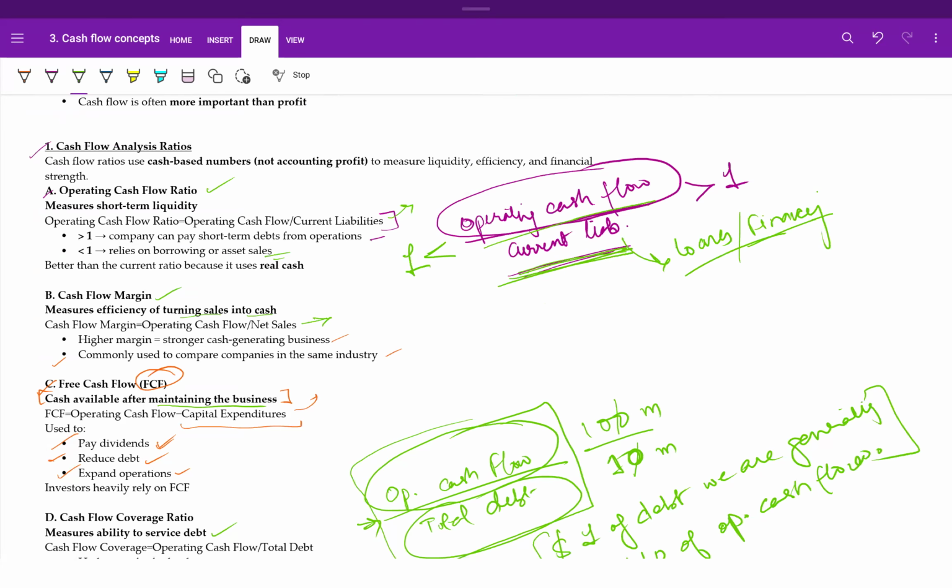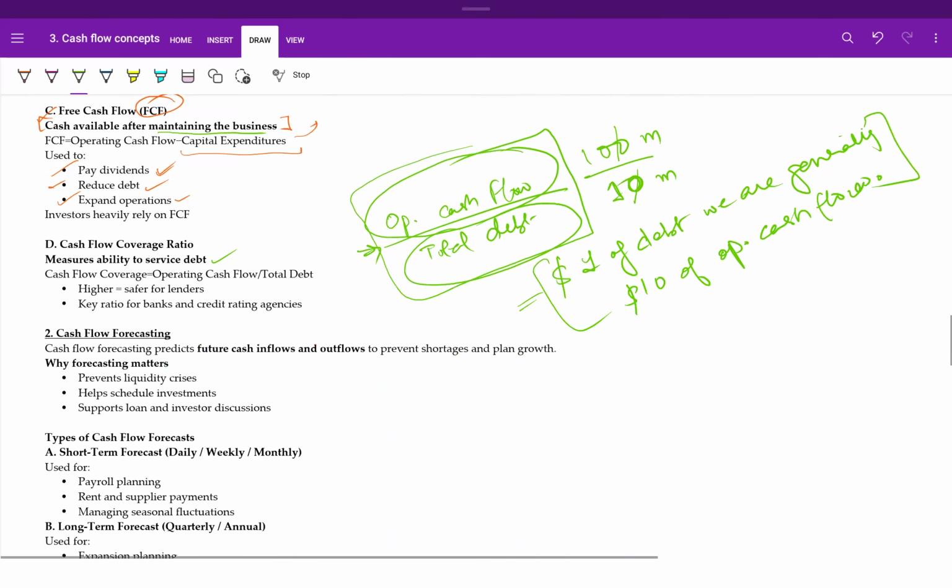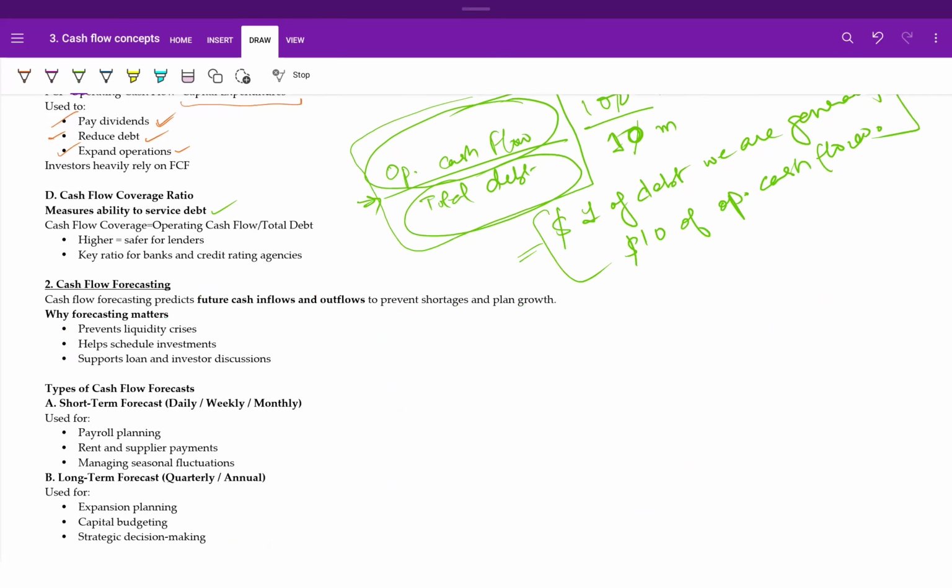All right. So we will be able to grasp the ratios and the concept of ratios better when we start applying those concepts in forecasting. Before that, when we will be discussing the financial statements, then we will talk about the ratios.